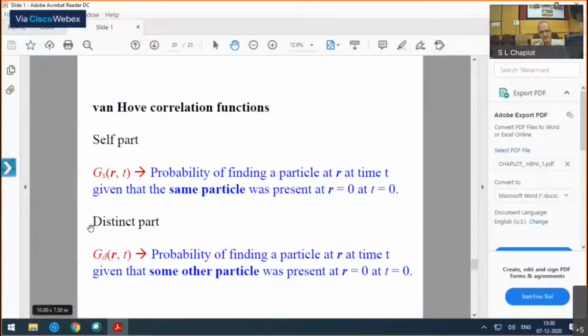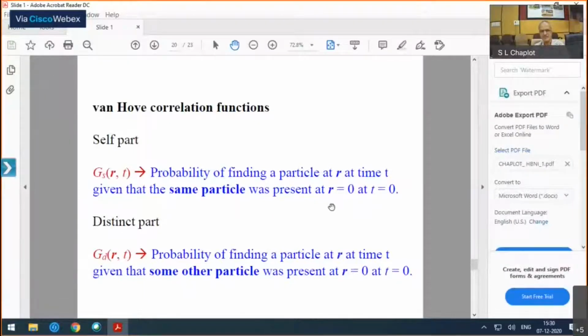So one can think of two types of the position-time correlation function. One is the self part, that is the probability of finding a particle at, let's say, a vector distance r at time t, given that the same particle was present at r equal to 0 and t equal to 0.